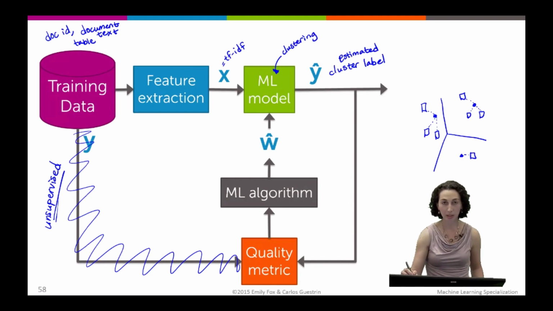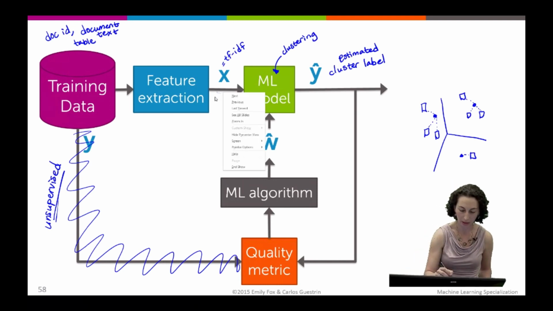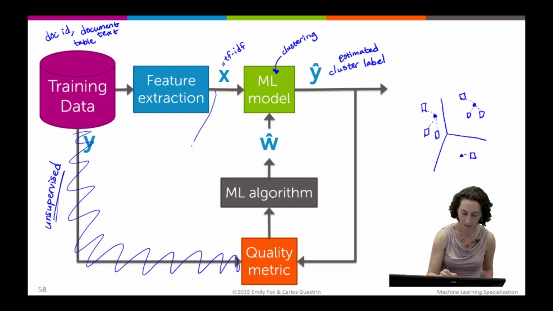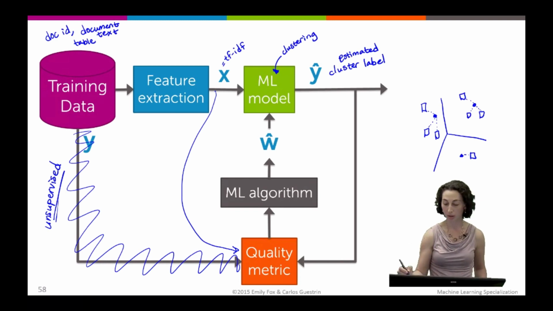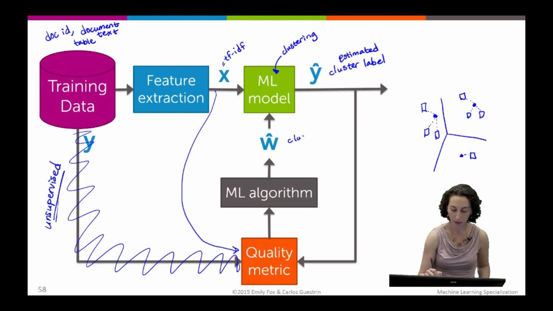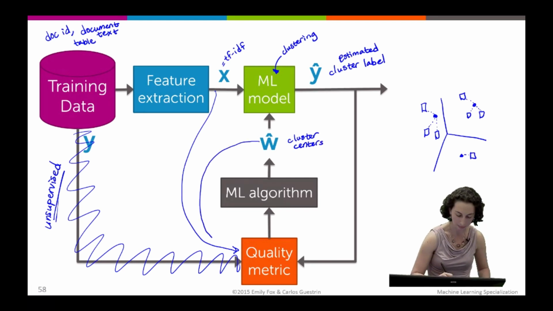And so what we see is to measure this accuracy, to measure these distances, what we need is our data, we need our TF-IDF vectors. So those are going to come in here. And then we also need the cluster centers. And so w hat, that's our current estimate of our model parameter here in the k-means algorithm. It's our cluster centers. That's what w hat represents. And so of course to measure these distances, we also need w hat.